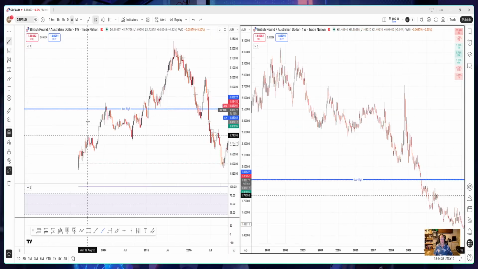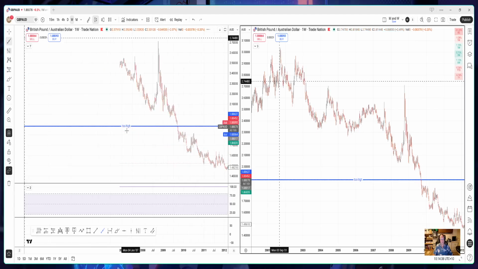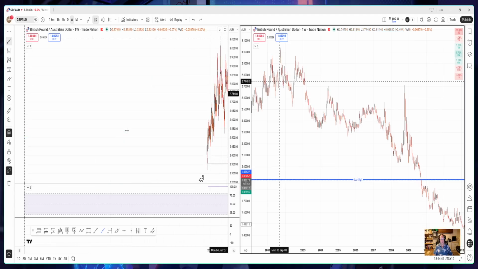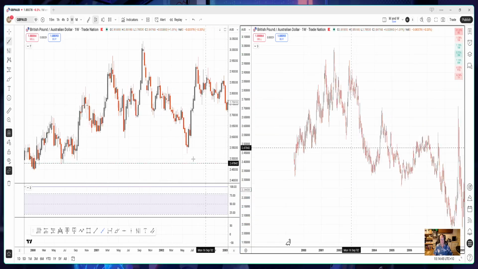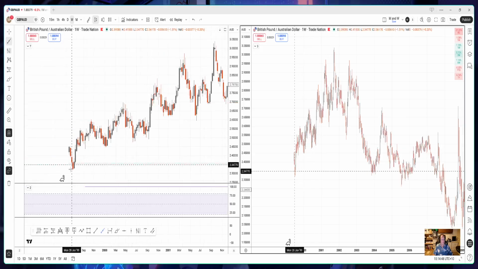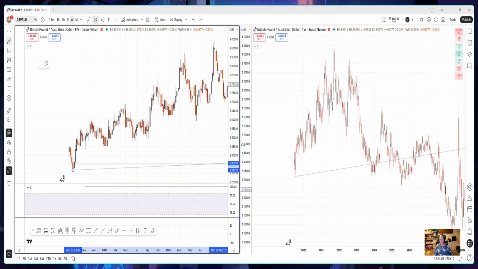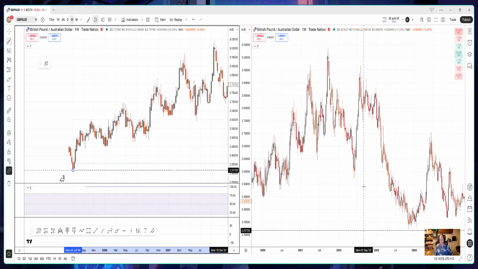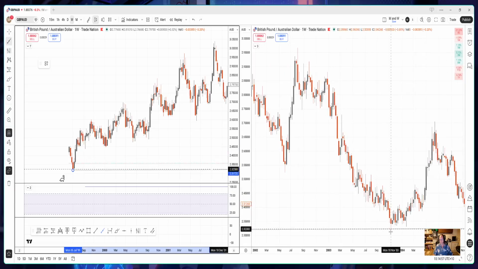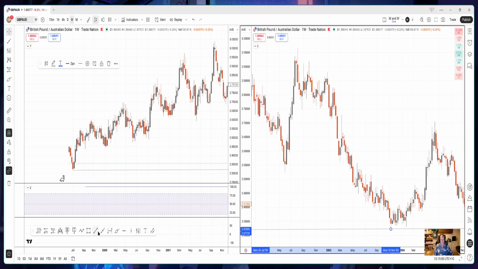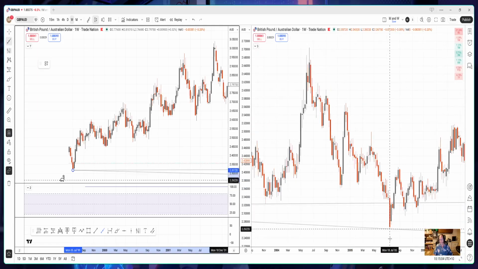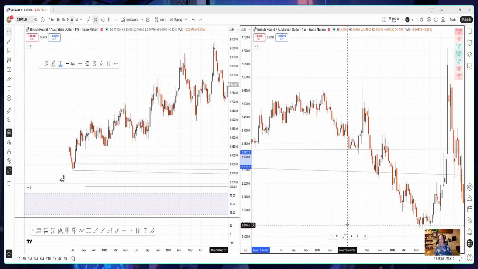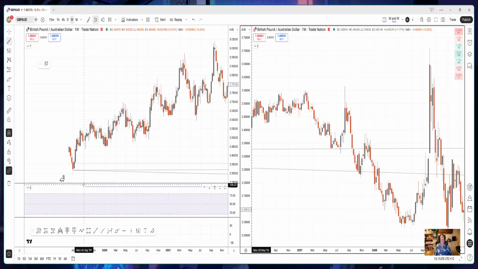So we're going to go from the very beginning of time on the left and anchor to there. Lowest low. And then we're going to anchor it to here, there. And then do another one. It's like a fan, so the lowest low to the lowest low to the lowest low.